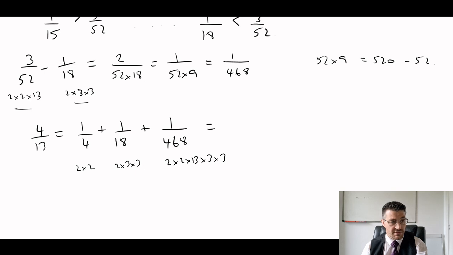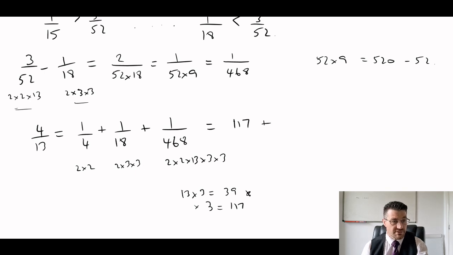Okay, so this is going to be 13 times 3 times 13 times 6. Hang on. Hope I haven't made a mistake somewhere. 13 times 3, 39, times 3 again, 39 times 3 is 117. Right, okay, yeah.